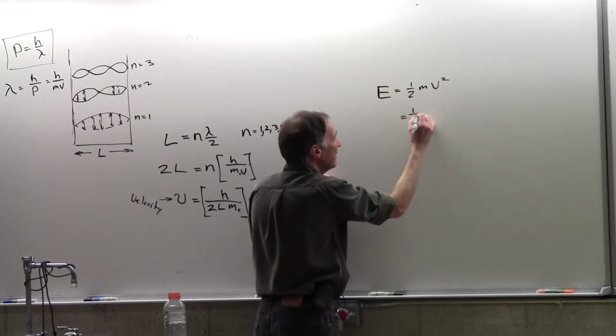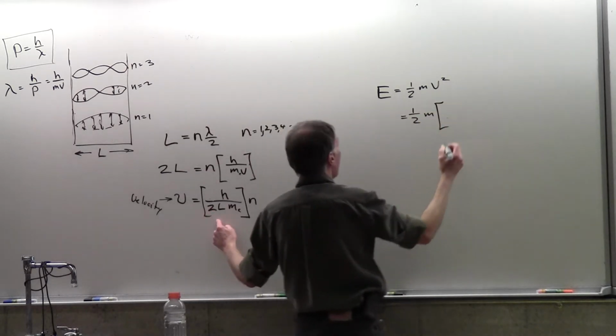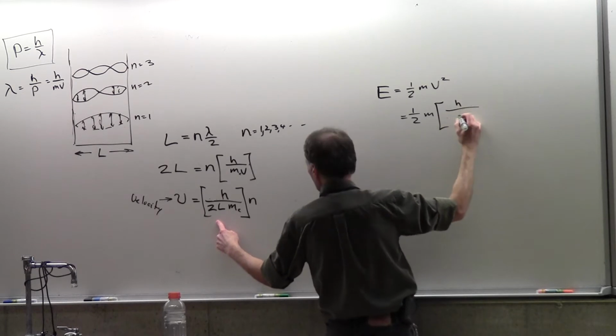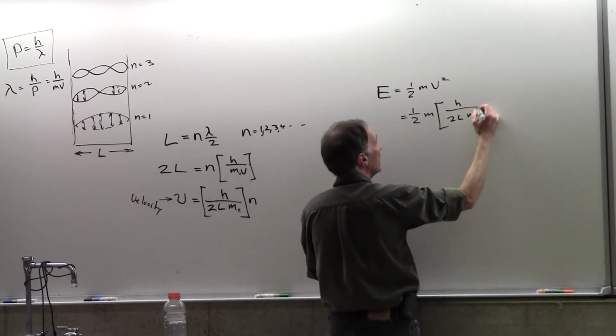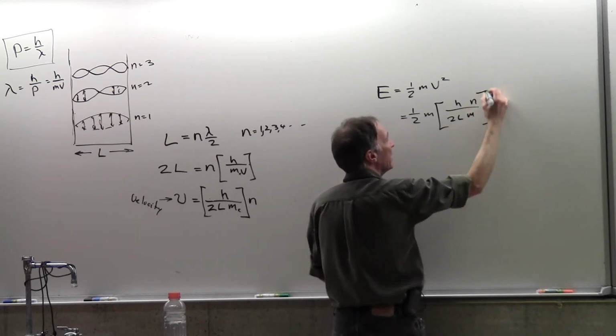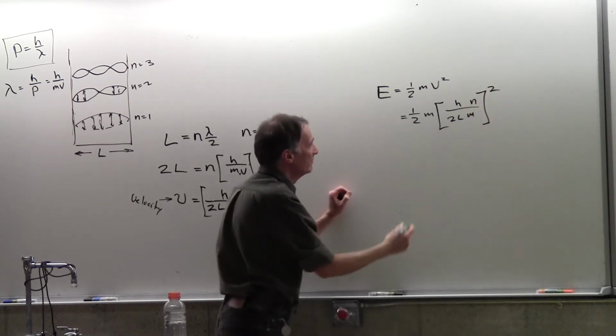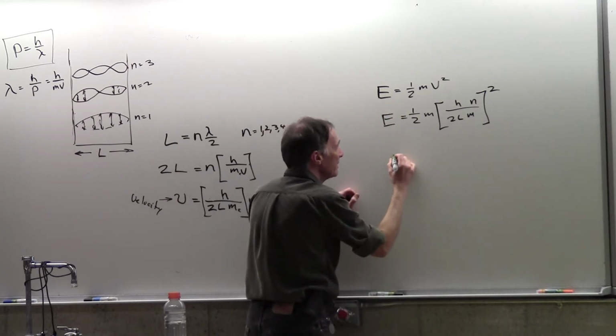And I now know what v is. It's equal to that, which is h all over 2L times the mass of the electron times n. And we're going to square all of that. And so that is the actual energy of this thing.